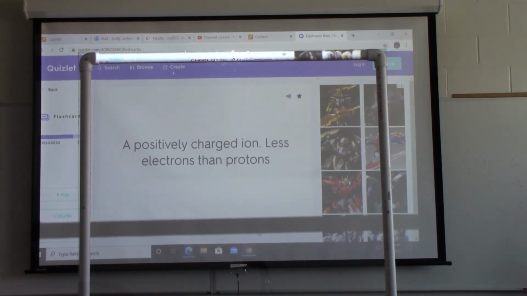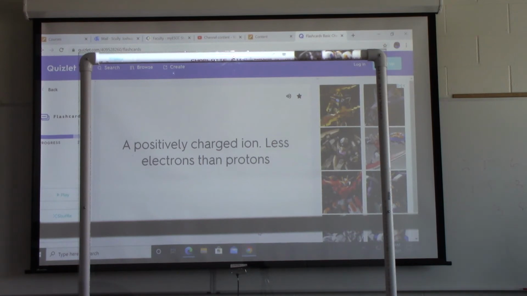There are two types of ions: cations, which have a positive charge, and anions, which have a negative charge.